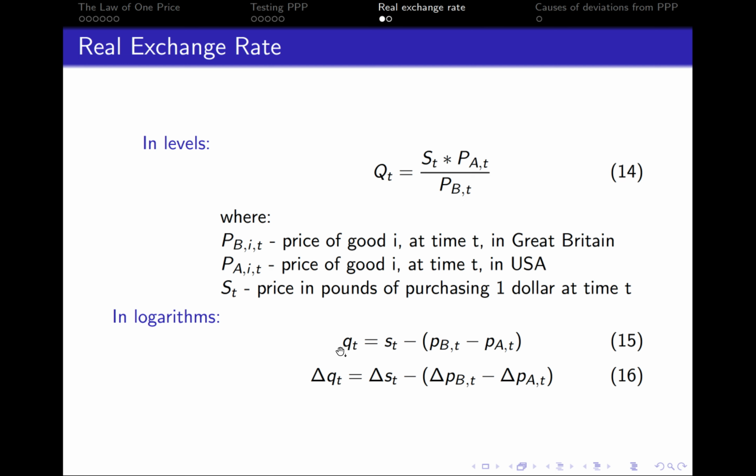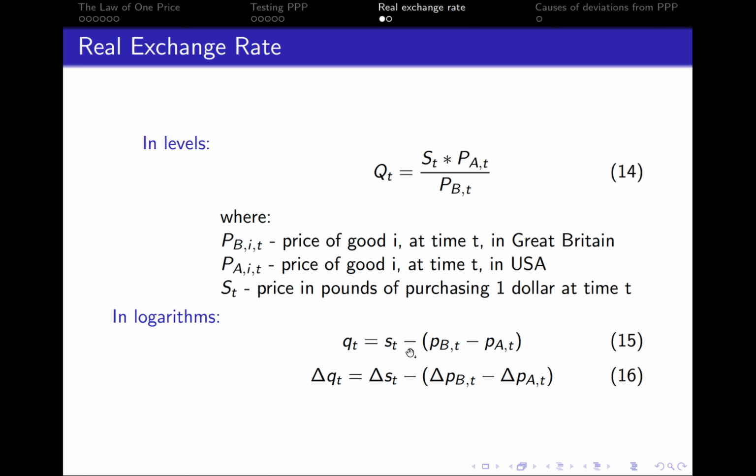Look, if I take this expression and logarithmize it, what I'm going to get is that the logarithm of the real exchange rate at time t is equal to the logarithm of the spot nominal exchange rate minus the log of the price level in Britain minus the log of the price level in the United States.